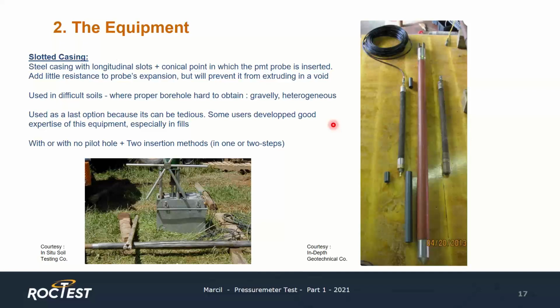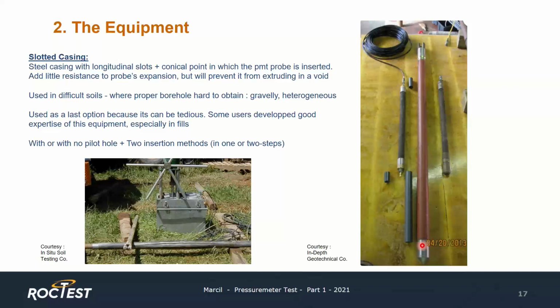But sometimes the only option is to use a slotted casing. A slotted casing is a steel casing, you see one here, that is fitted with longitudinal slots from here to here that you don't see now, because they are so thin, and the casing is closed.